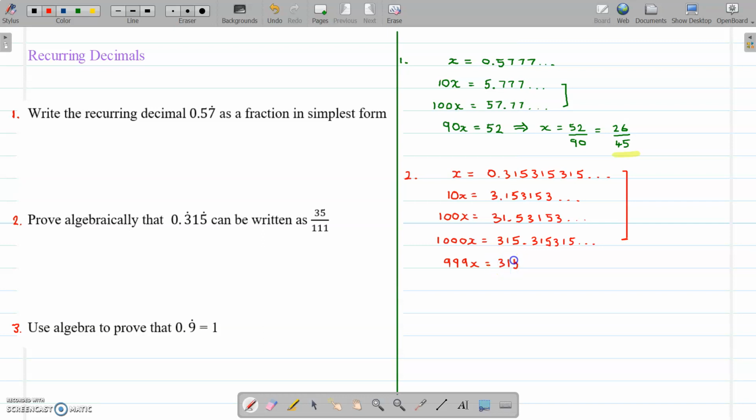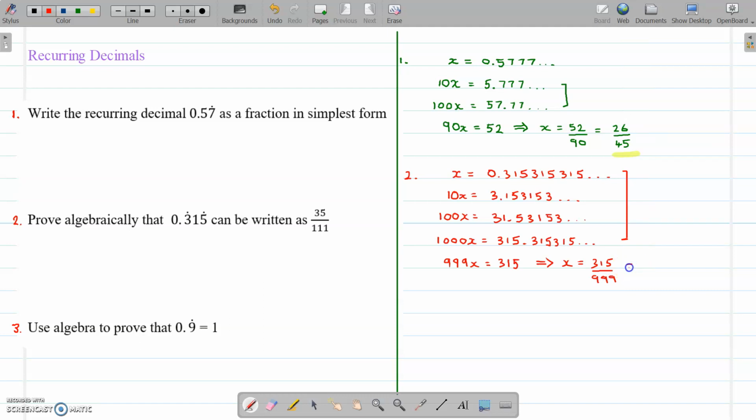If I divide both sides by 999, then I get that x equals 315 over 999. Now that isn't the answer given, but it will be in a moment because we have to simplify this.